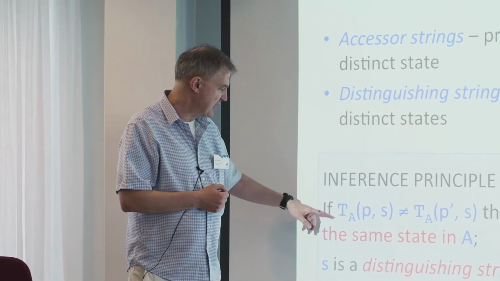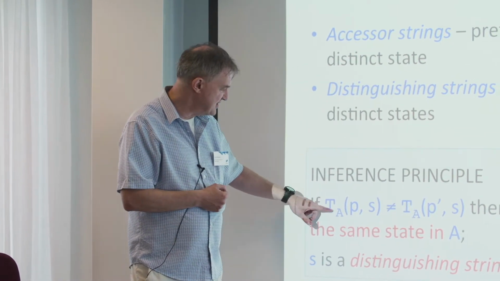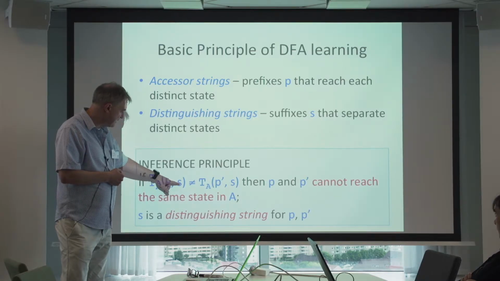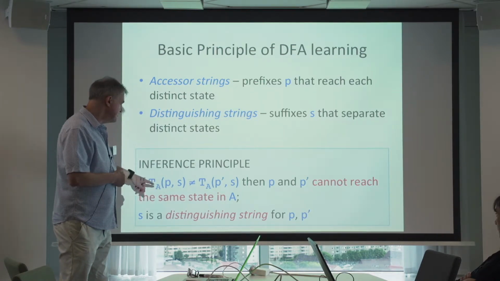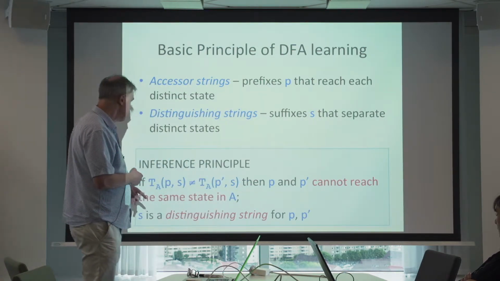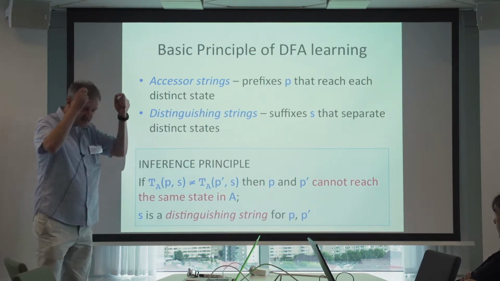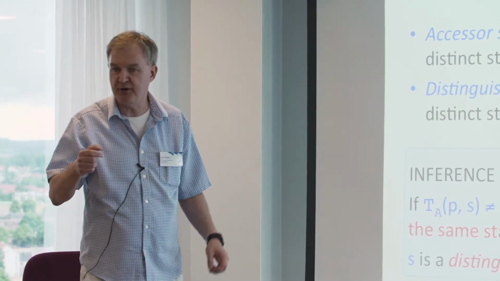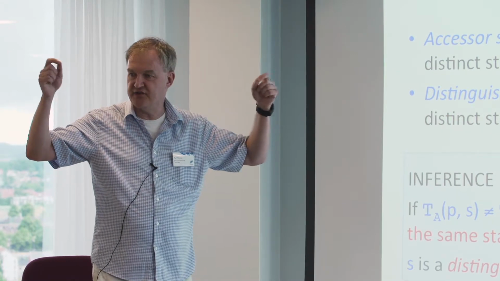So here's our principle. If we look at this two-dimensional table, this is the entry in row prefix P and suffix column S, okay? Given two rows or prefixes, P and P prime, they cannot possibly be accessing the same state if there's some column entry across those two rows that differs, okay? It's not possible because what that says is they have two subsequent behaviors that are different.